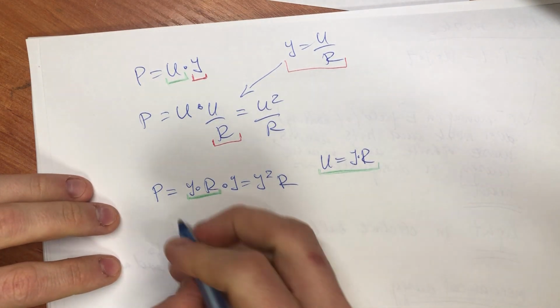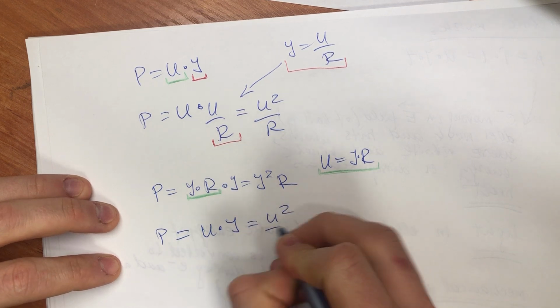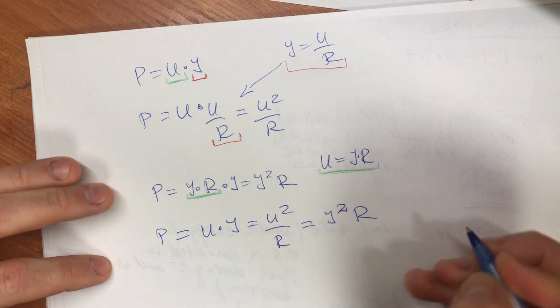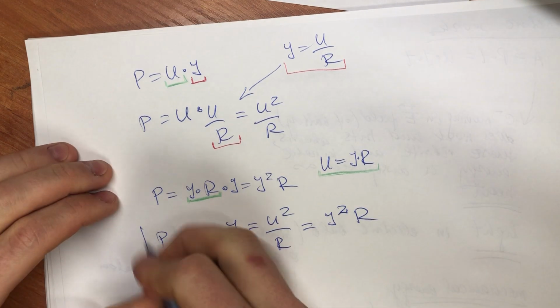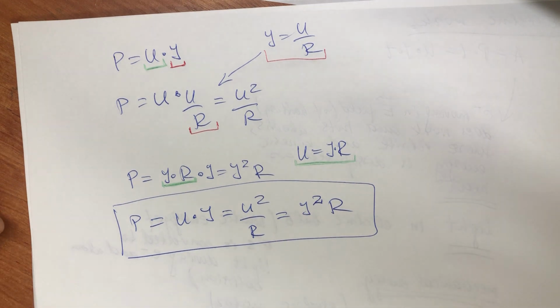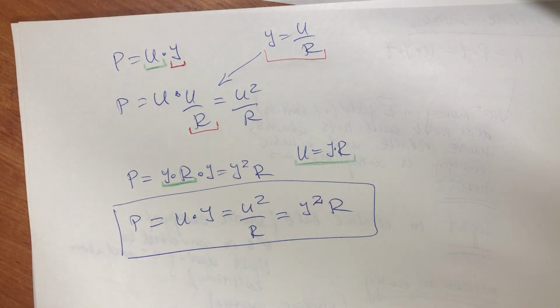These are two formulations: power is U times I, it can be written as U squared divided by R, or it can be written as I squared times R. From this we know just two formulations, yes? I wanted to tell you because this is what is usually given.